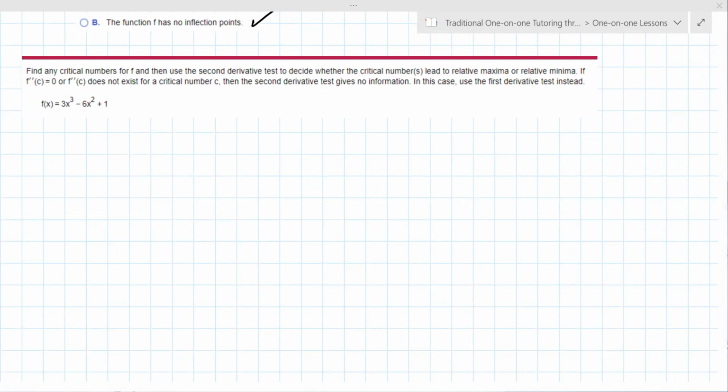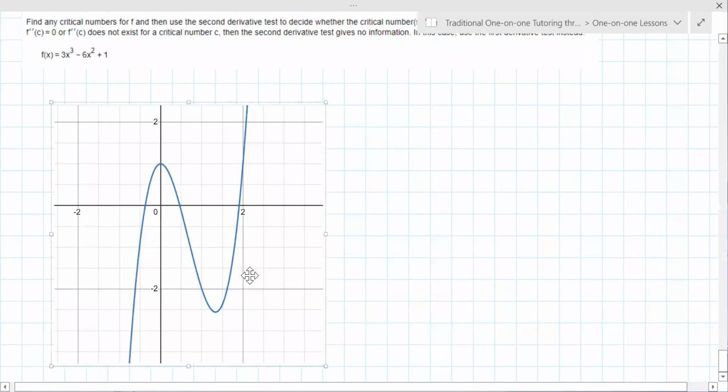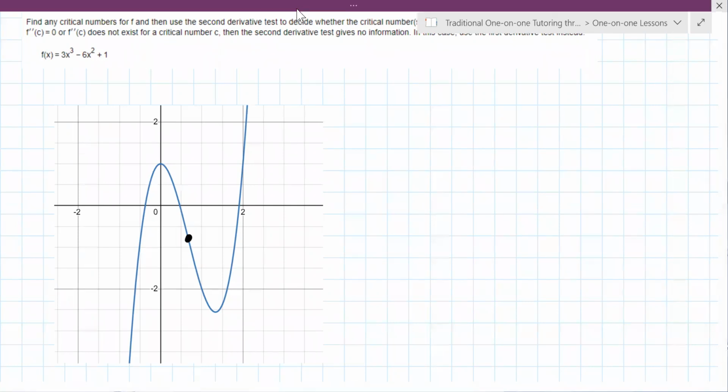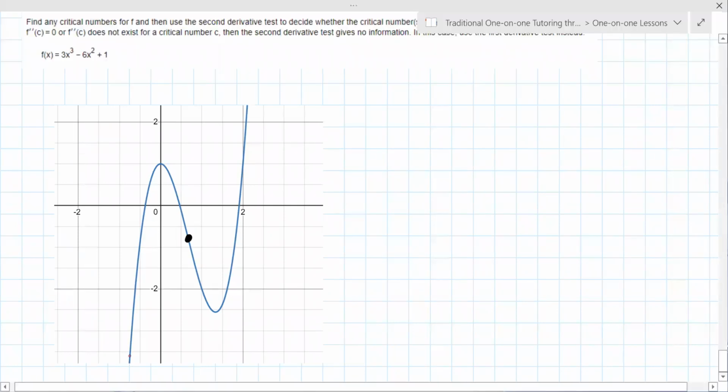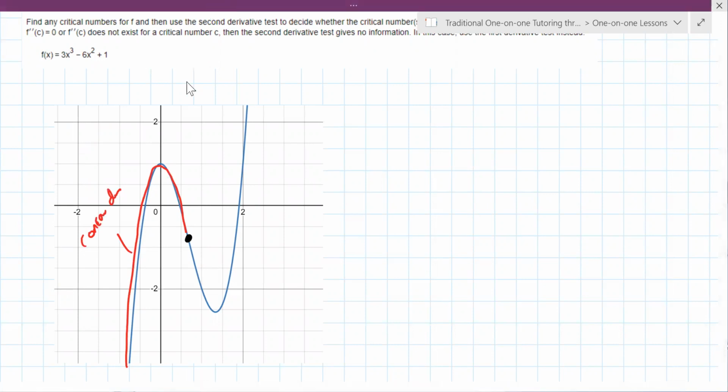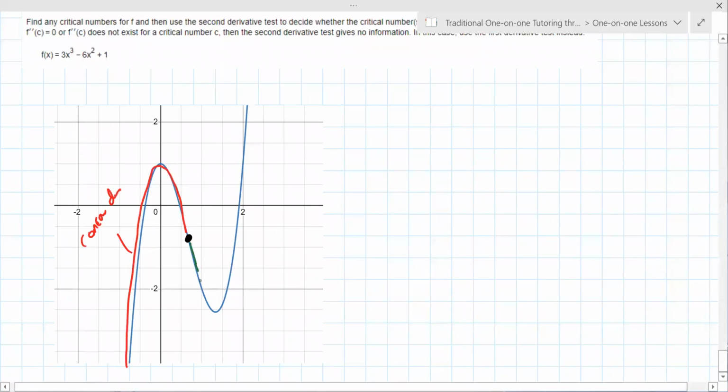So here's the graph, and there's an inflection point somewhere right there, where I've made that dot, approximately there. And if we do this in a different color, the red is concave down. But there's some point where it switches to concave up, where now you can see it would hold water.